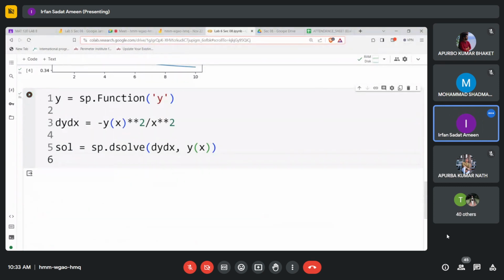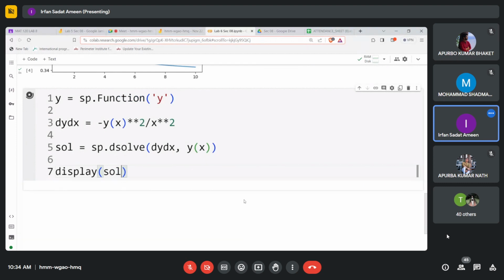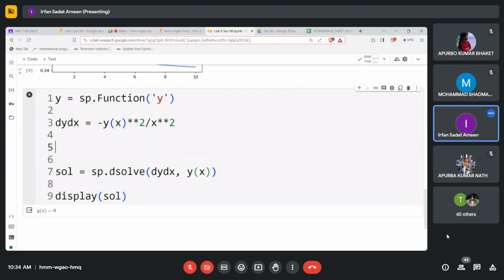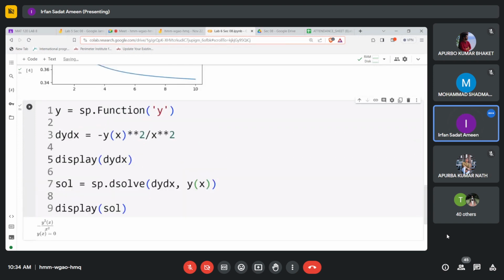Now let us display this, and we will be able to look at it. Let me display this as well. y square is fine, minus y square by x. Oh, okay.